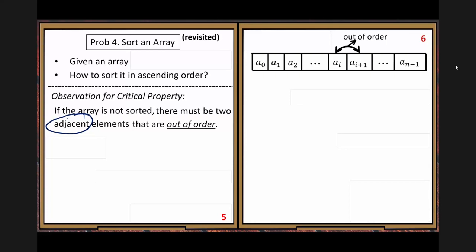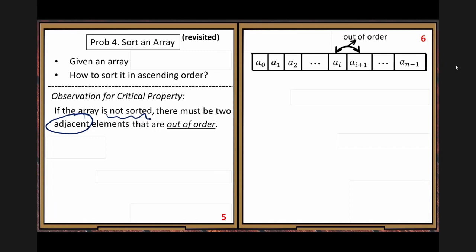So if the whole array is not sorted, this chain must break somewhere, right? You have a chain from beginning to end, ascending order. But if we know at the beginning our condition is the whole array is not sorted, then that ascending chain would break somewhere, right?